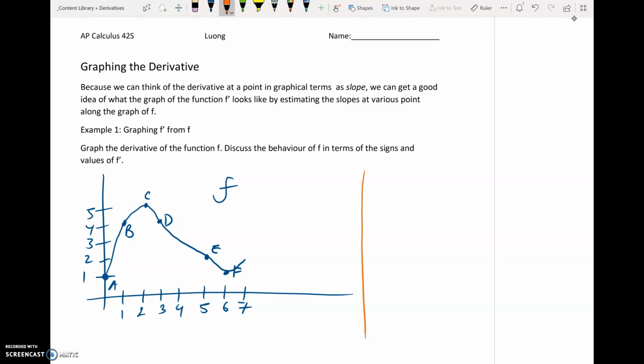In other words, I'm finding f prime of 0, f prime of 1, c would be f prime of 2, and then so on, and these are the slope at 0, the slope at x equals 1, and the slope at x equals 2.